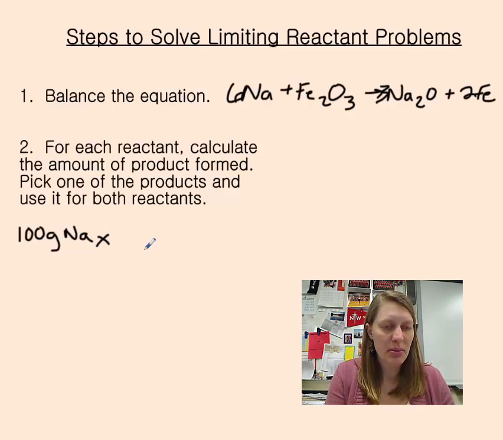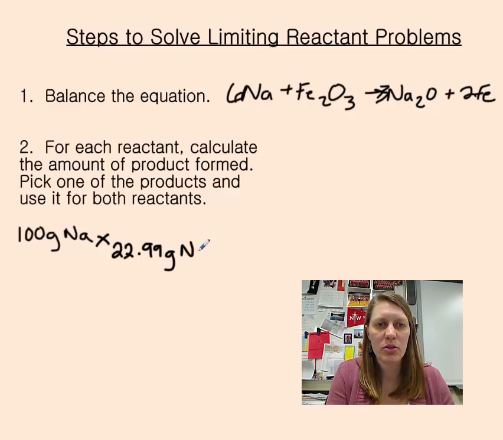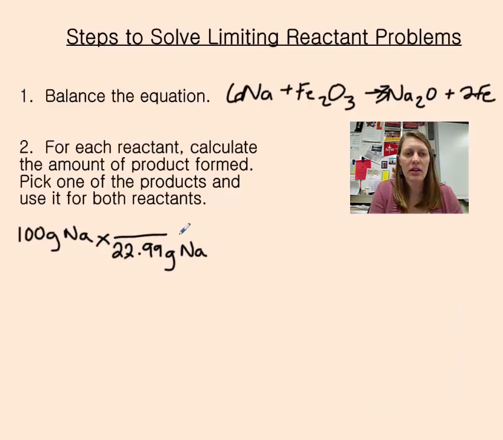So if I'm using my periodic table and all my stoichiometry that I've learned, I'm going to cross out my grams of sodium here with its molar mass. And then with the mole ratio that I have according to this equation, and remember, we're going to go to the sodium oxide.